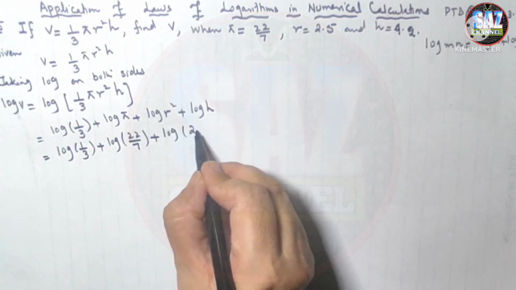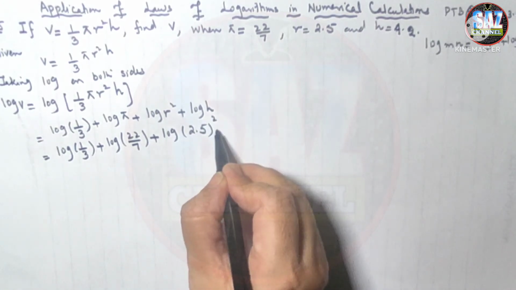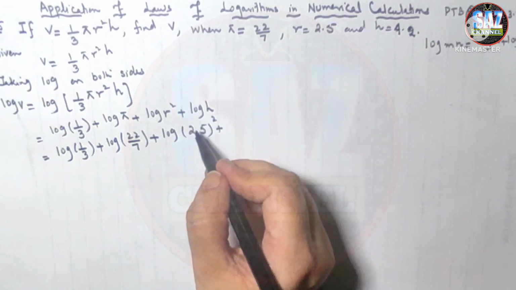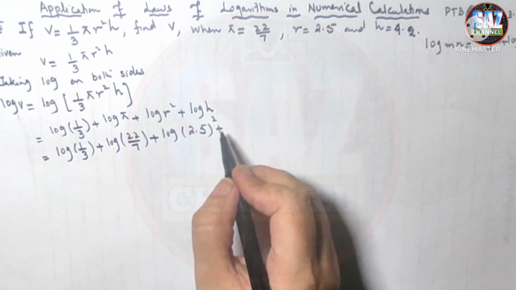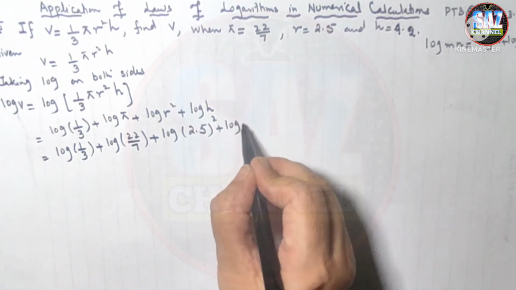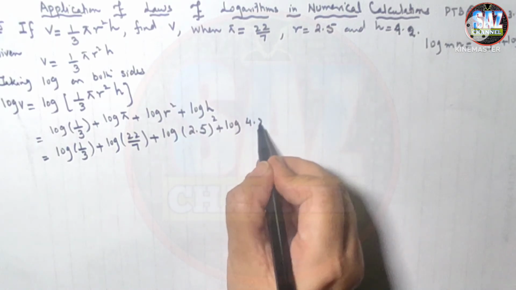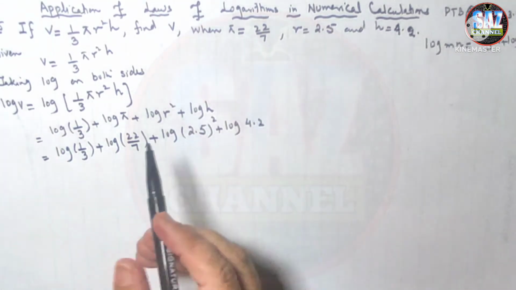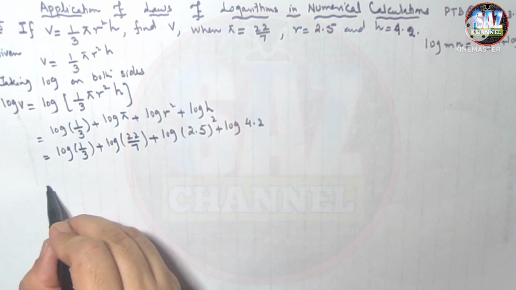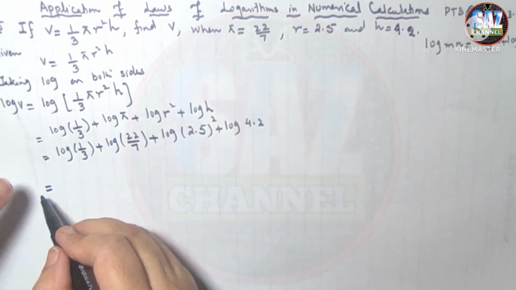Log 2.5 raised to power of 2, and h has the value 4.2. Let me reassure this, and log of 4.2. Here I have replaced the values, and now it's time to apply the laws of log.